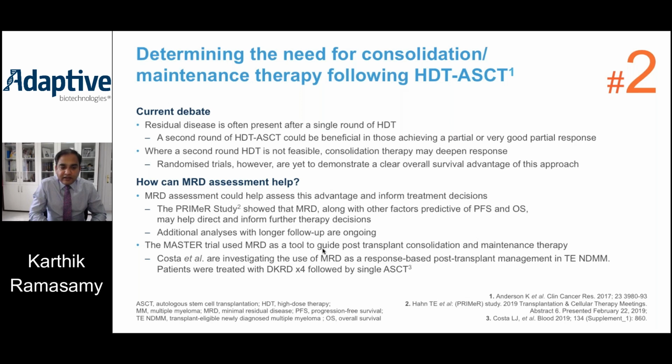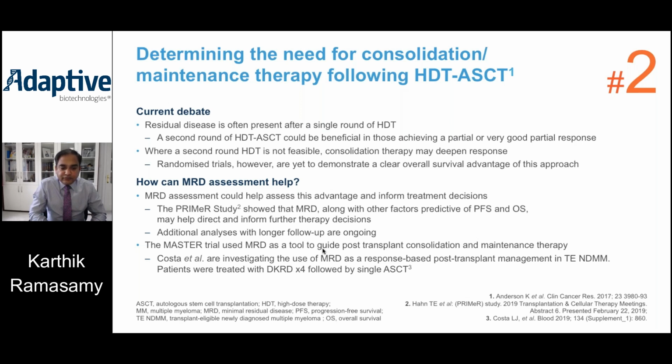So how could MRD assessment particularly help in this? I'm going to cite a couple of examples followed by the trials. First example is the PRIMA study, which is a parallel study looking at MRD assessment in patients on the STAMINA trial. And clearly the early data shows that MRD assessment, along with other factors, is predictive of progression-free survival and overall survival, and clearly can help further therapy decisions.